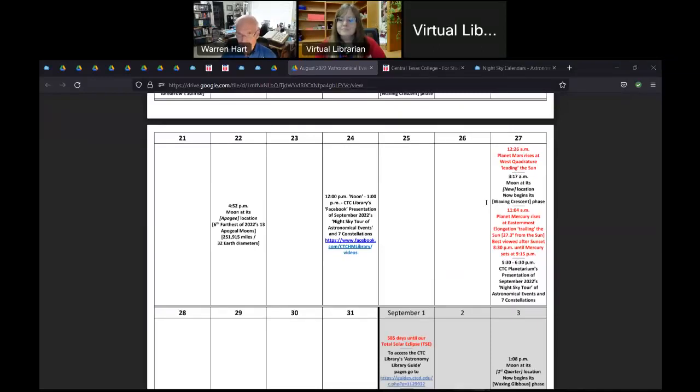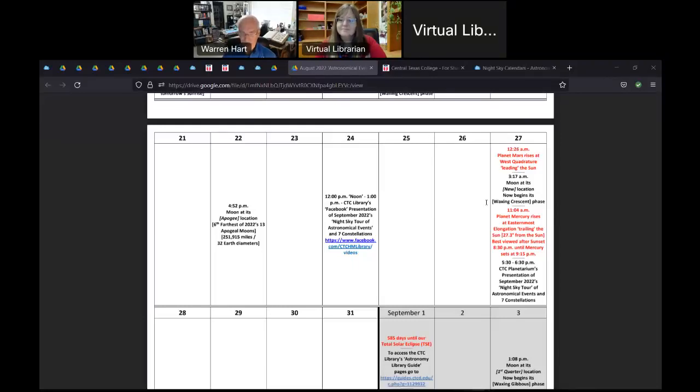So you can get up early Saturday morning and look at the planet Mars. Then that same Saturday afternoon and evening, notice there we have planet Mercury.